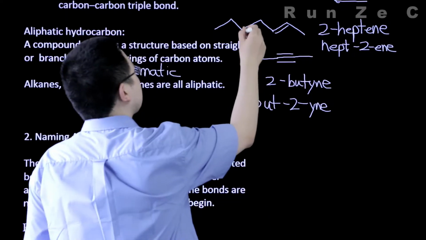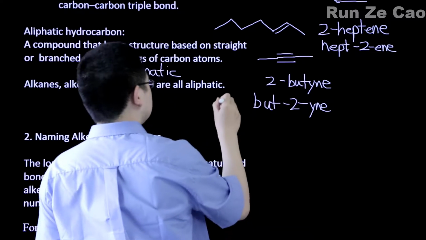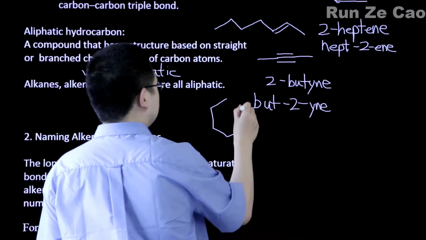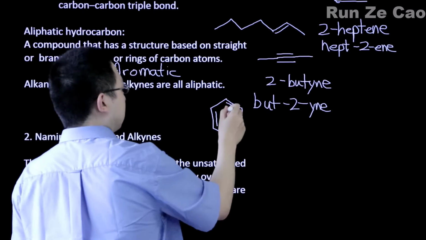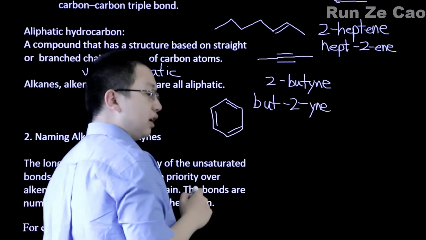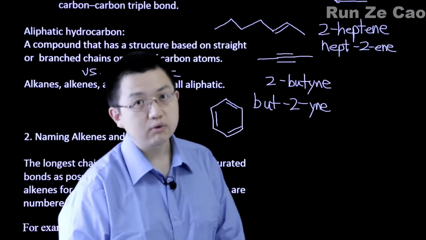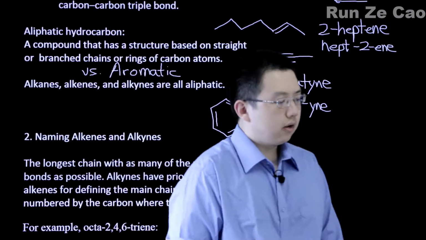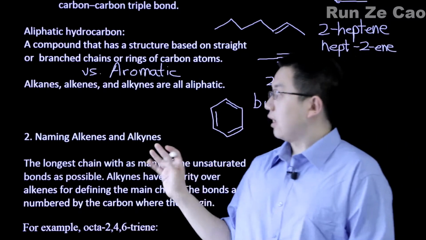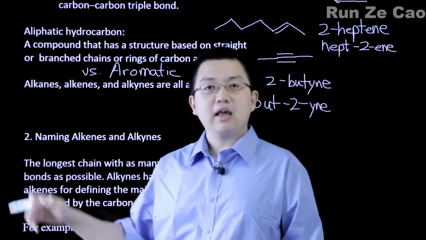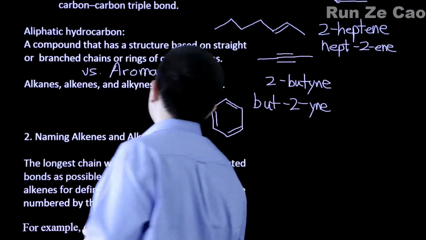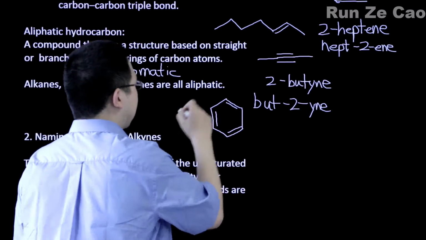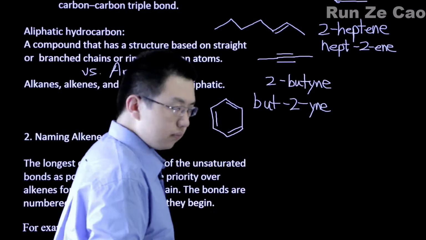Whereas if we had, say, a ring like this, well, this would completely delocalize over the entire ring and it would be benzene. Now, we'll actually talk in detail about that later. Now, alkanes, alkenes, and alkynes are all aliphatic. Technically speaking, you'd think this is an alkene, but no, it's not.